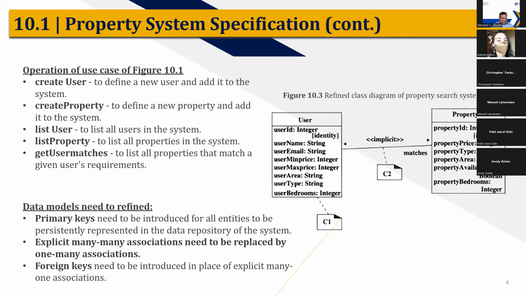Number one is the primary keys. Primary keys need to be introduced for all entities to be persistently represented in the data repository of the system. So yeah, this is in line with our ongoing subject with Dean Alain for the databases.